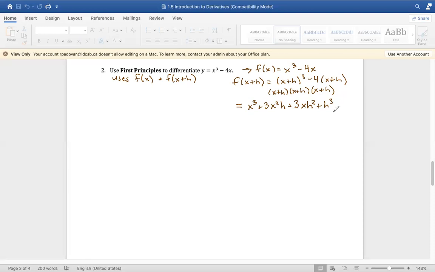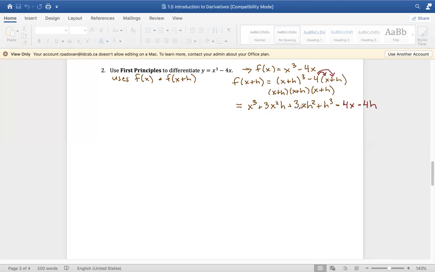And then minus, that's just the beginning part, right? Then we have to use distributive property here to do the negative 4 times x and the negative 4 times h. So then we have negative 4x minus 4h.